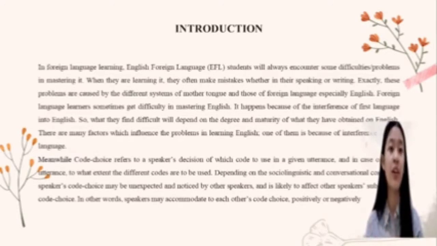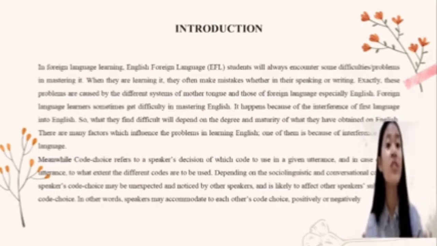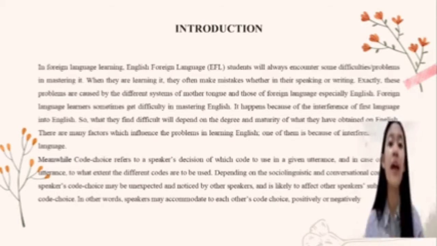Foreign language learners sometimes find it difficult to master English. It happens because of the interference of the first language into English. So what they find difficult will depend on the degree and maturity of what they have obtained in English. There are so many factors which influence the problems in learning English, and one of them is the interference of the first language.